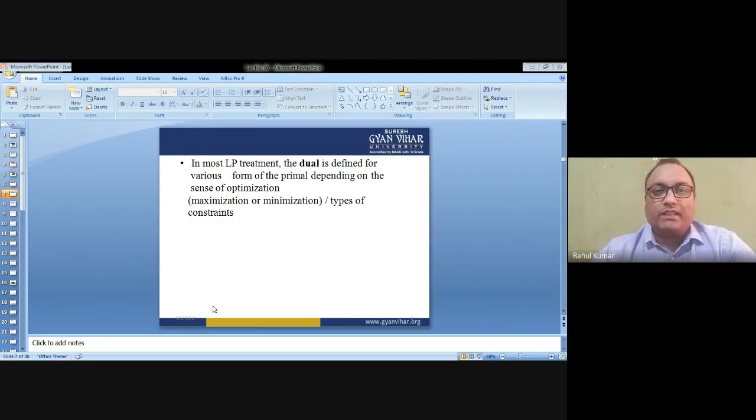So this is the maximization function. And if you want to reduce the initial cost, this is the minimization function. And the different types of constraints. Different types of constraints means different types of limitations are present in your organization.